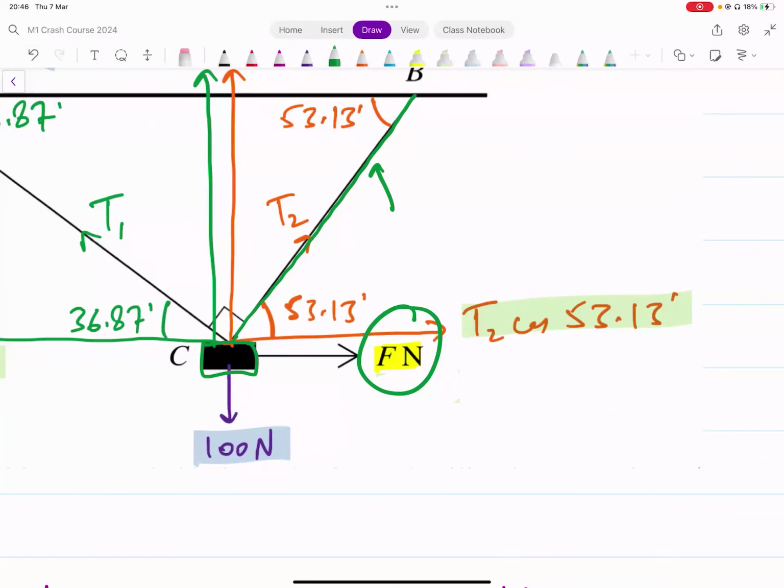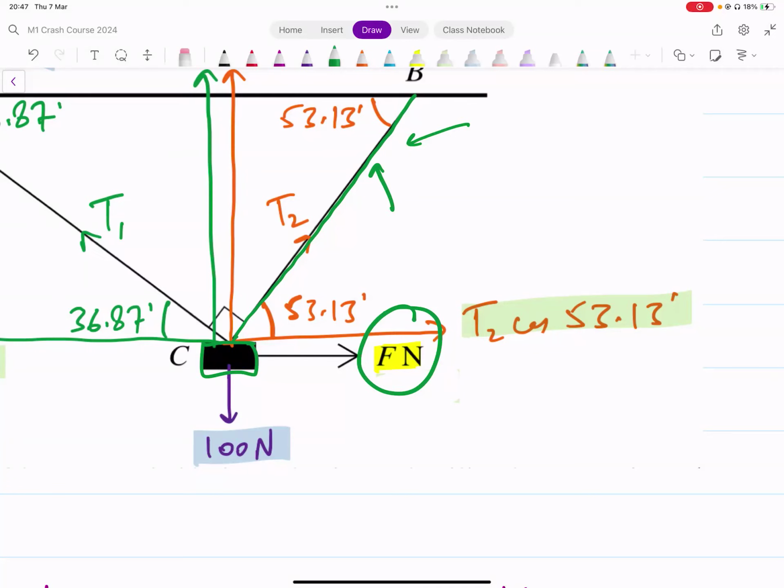And that is when the object is going to start moving to the right side. So what's that extreme point where the block is in equilibrium in the same position? That is when the tension in the second string basically becomes 0.